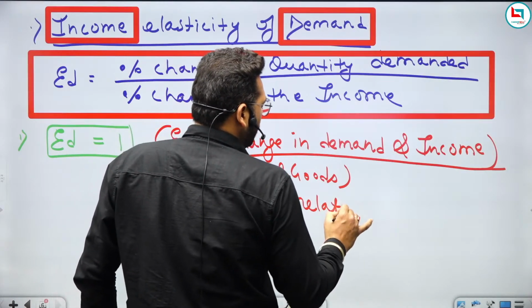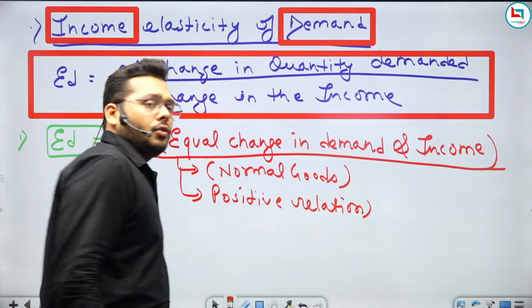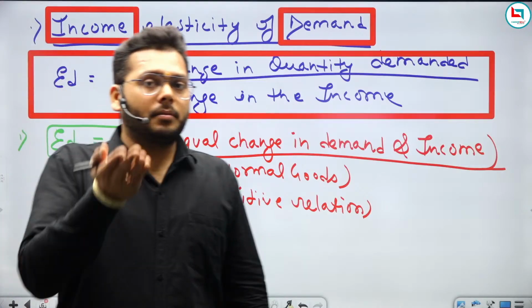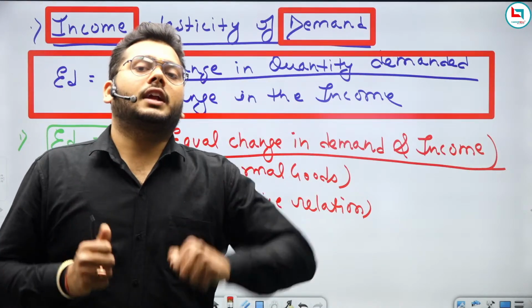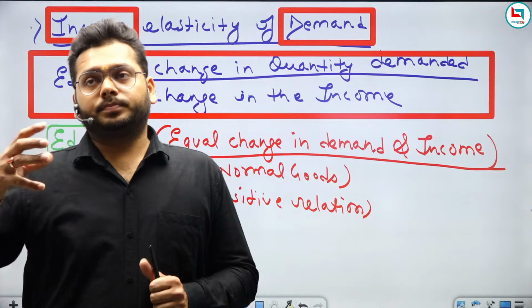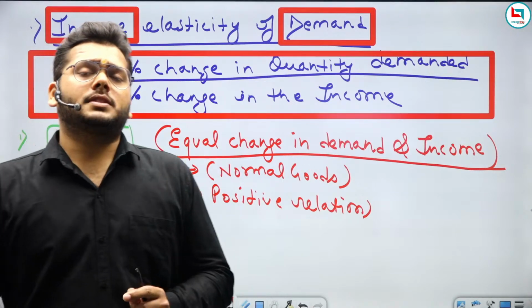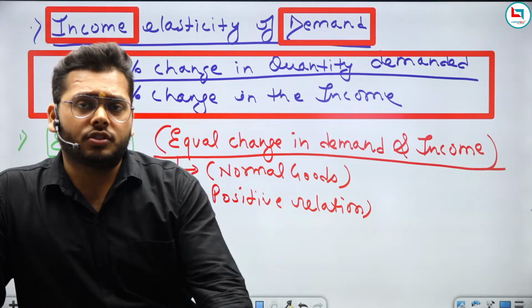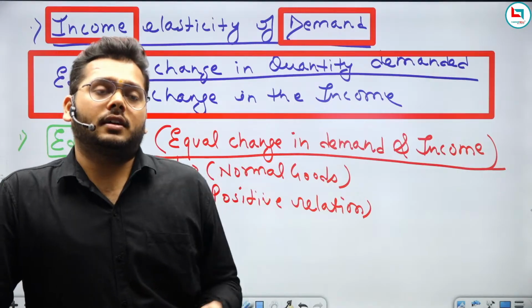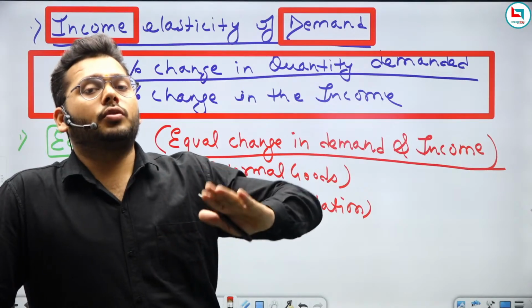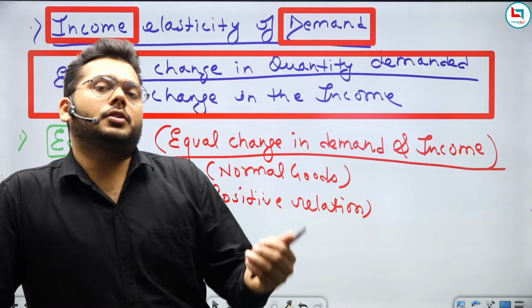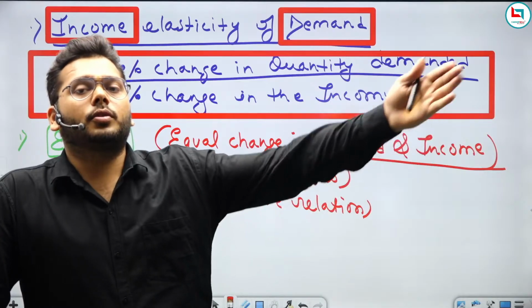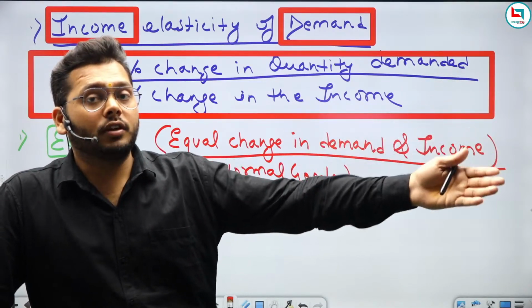We are getting the positive relation because if your income rises, you will shift towards normal goods. If you are purchasing clothes from the street and your income is rising, you are now comfortable purchasing clothes from the mall, showrooms, branded clothes.